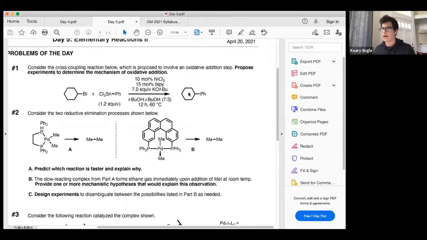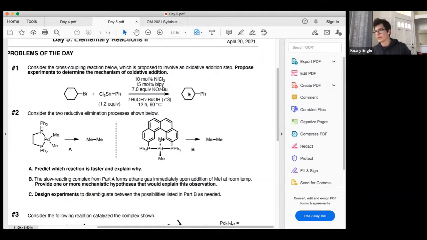Okay, so this example asks us to consider a nickel-catalyzed cross-coupling reaction. It can be considered a nickel-catalyzed alkyl Stille coupling. We'll cover this in more detail later, but the constituent steps involved are, in some order, oxidative addition, transmetallation, and reductive elimination.